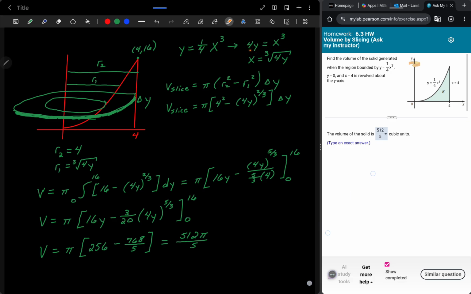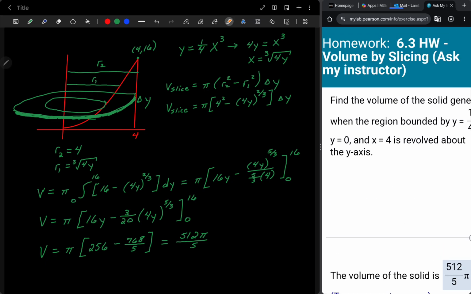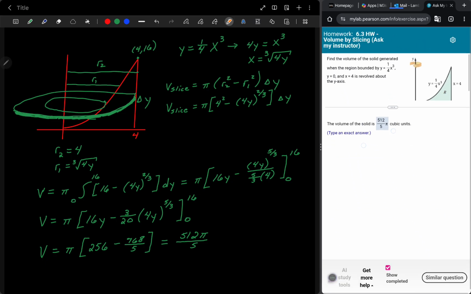X cubed is equal to 4y. Therefore, I can say that the cube root of 4y is equal to x. Now, that is going to form my smaller radius here. That's this distance right here, the cube root of 4y.